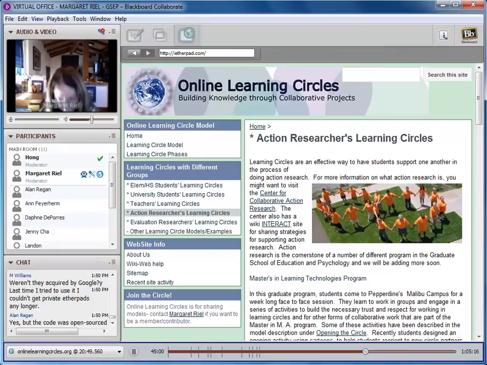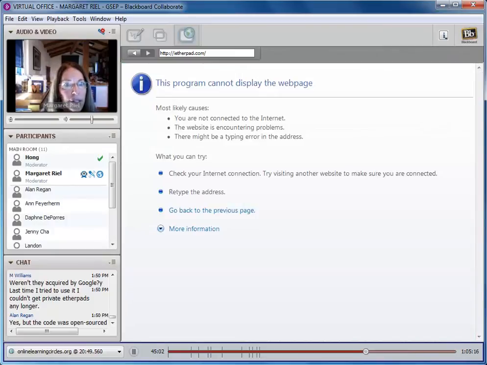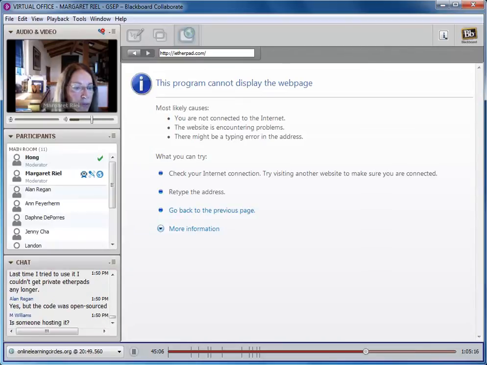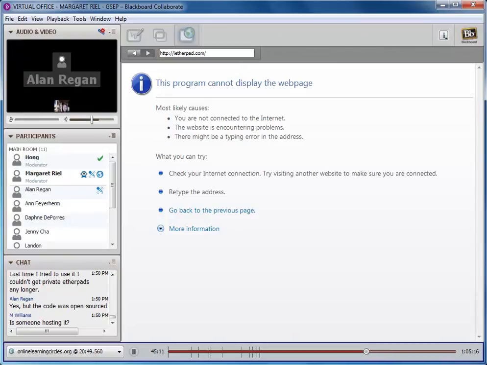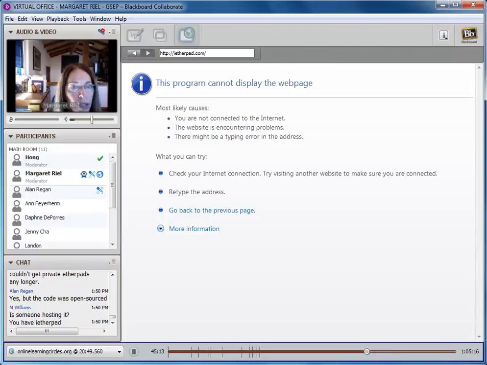Can you see why that's not loading? Is it supposed to be iEtherpad, or is it .org? iEtherpad. I don't think it's .org, but it might be.